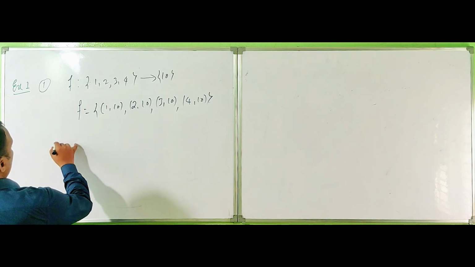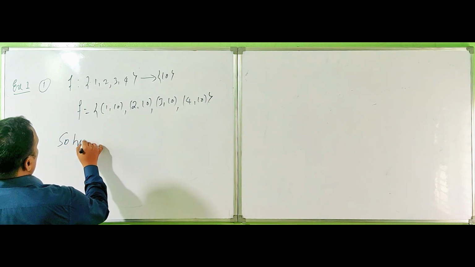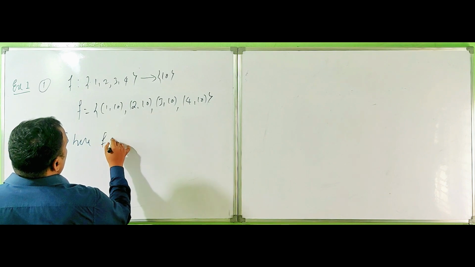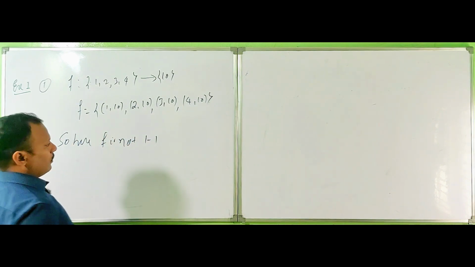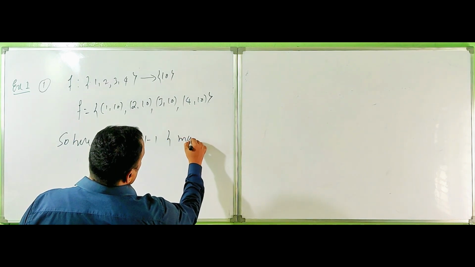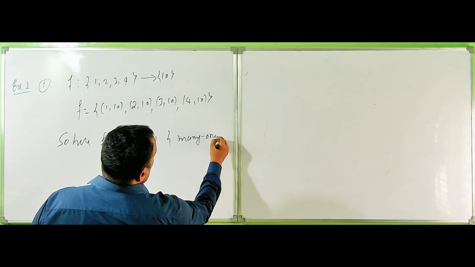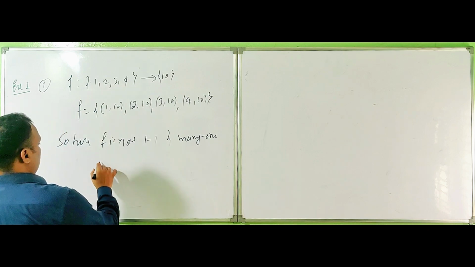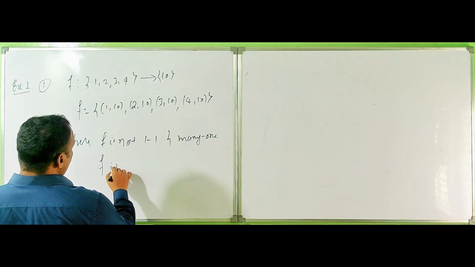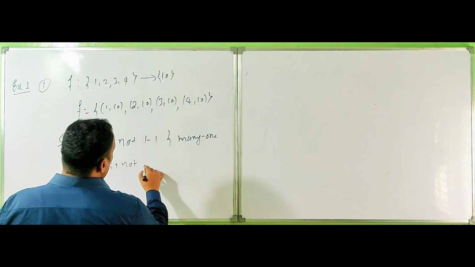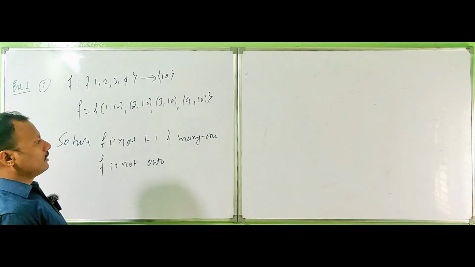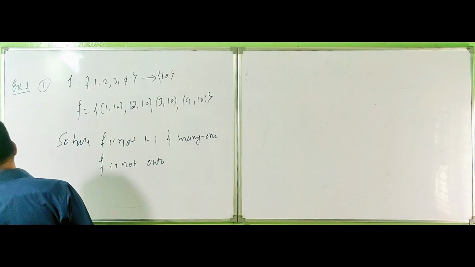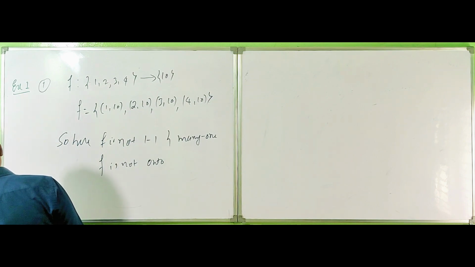So here f is not one-one because it is a many-one function.